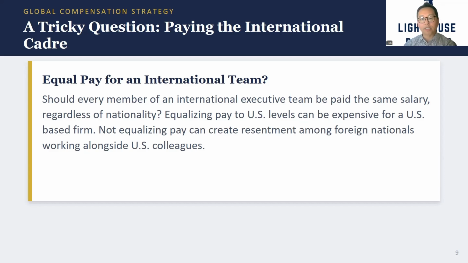If a firm is serious about building a genuinely unified international executive team, it may eventually need to pay the same basic salary regardless of country of origin or assignment. However, this practice is still not widespread today because this has both pros and cons.